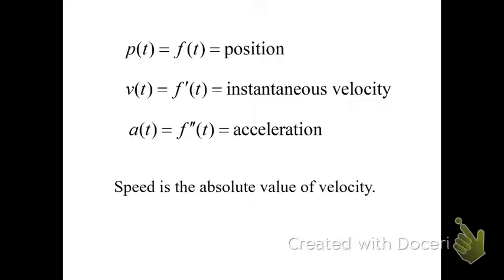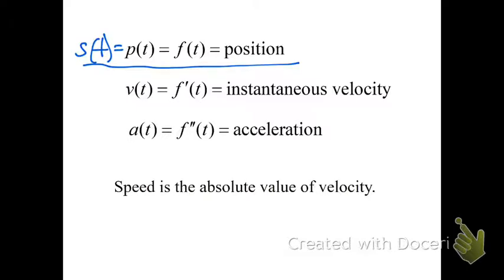All right, if position is given, like feet, where you are located relative to your original position, okay? Sometimes they'll use P of t, sometimes F of t, sometimes S of t, which is, I think, what we're going to use today. If the original equation stands for position, where you are after so much time, then the derivative of that, we did this earlier in the year.